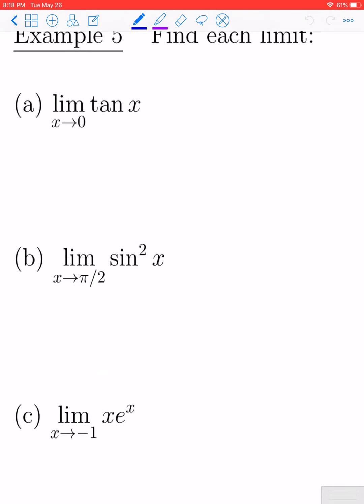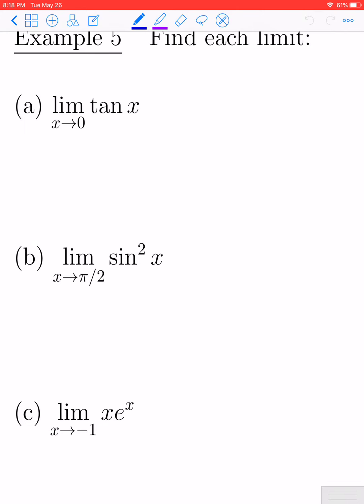So, for example, if we wanted to find the limit as x approaches 0 of the tangent of x, the tangent is well-defined and well-behaved at 0, so we can do this one via direct substitution. We get the tangent of 0, which is just 0.